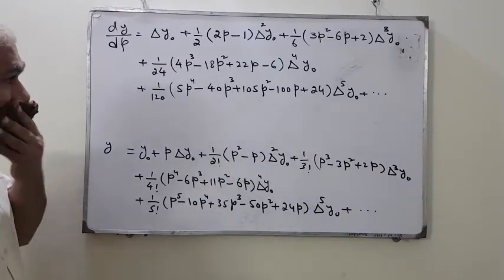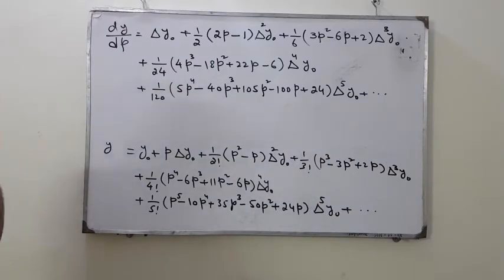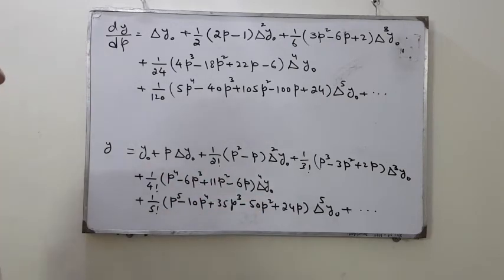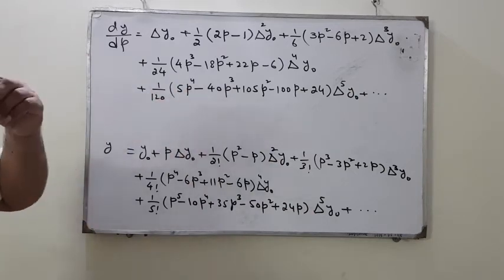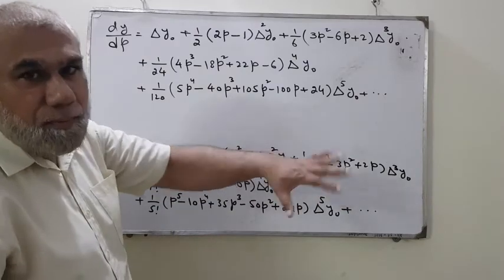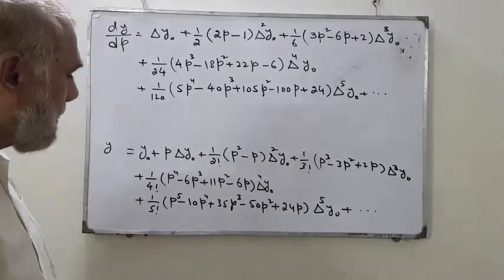So this is the derivative we obtained with respect to p. You can check it. If you find any error, you can remove it at this stage, as it will persist and go on.